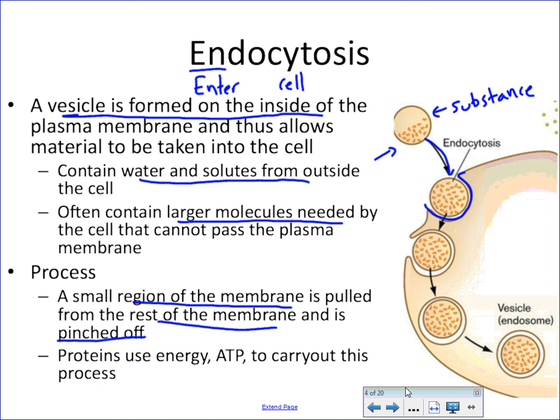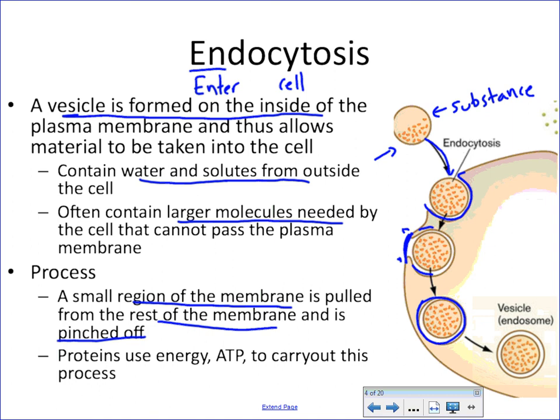As the substance is being drawn into the cell, the membrane will move upwards and start to fold over onto that substance. Eventually, those two parts of the cell membrane can join together, as you can see here, forming a vesicle around that substance.